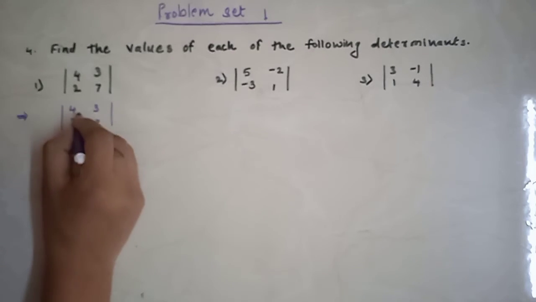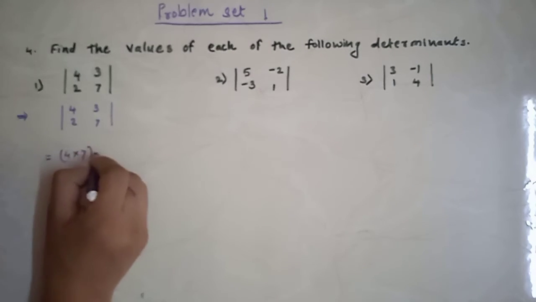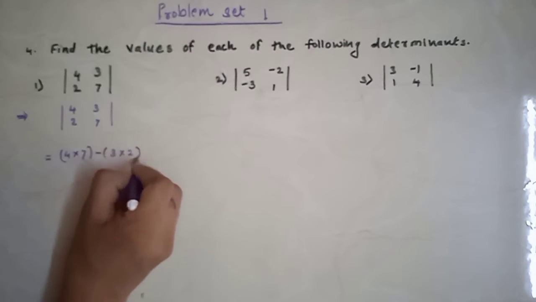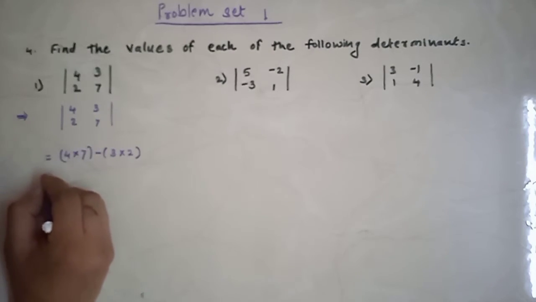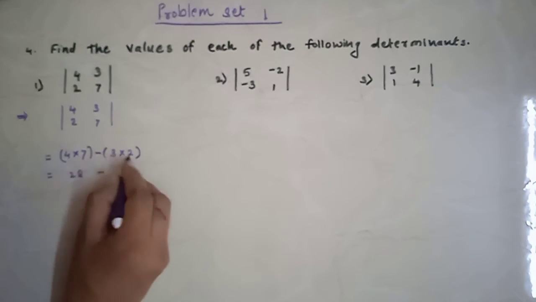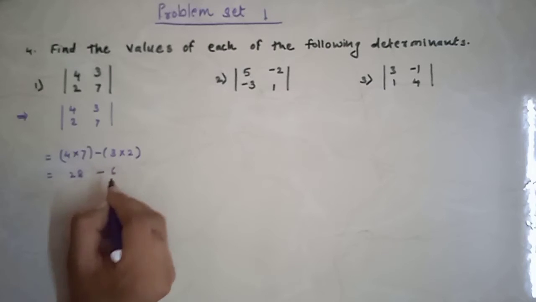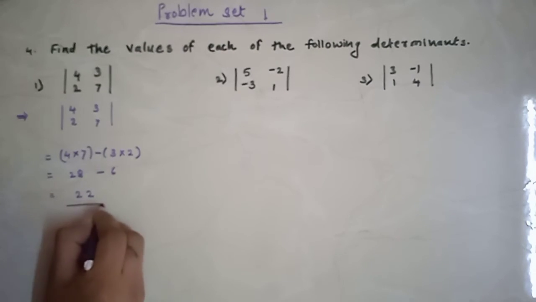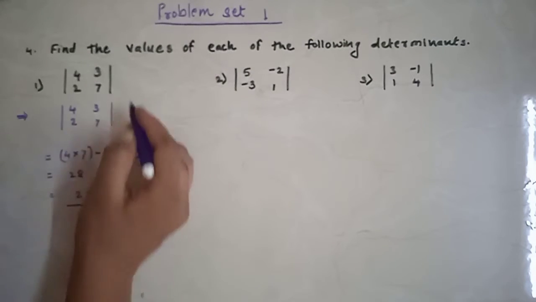So 4 into 7 minus 3 into 2. Then write down here the answers, 28 minus 6. Then we get the value of the determinant as 22. So this is our answer.